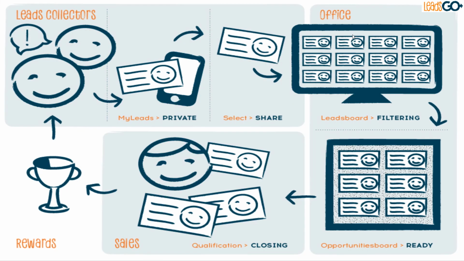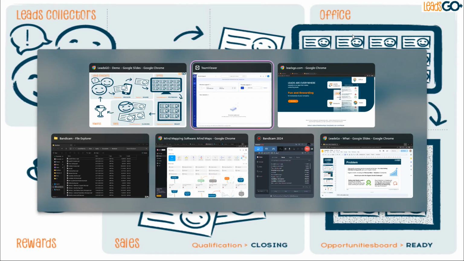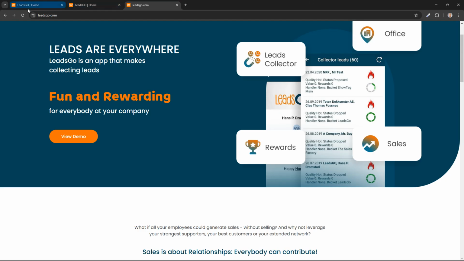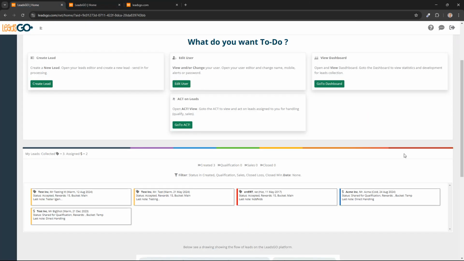If we go back, we can also look at how the web solution looks. I've signed in here as a standard user also, and here you have the web version of the mobile app we just looked at. You have the possibility to create the lead. You can edit your user. You can go to a dashboard showing some KPIs for the solution.